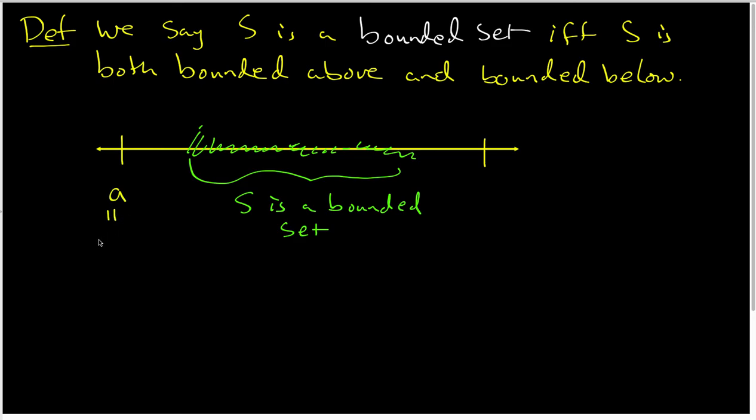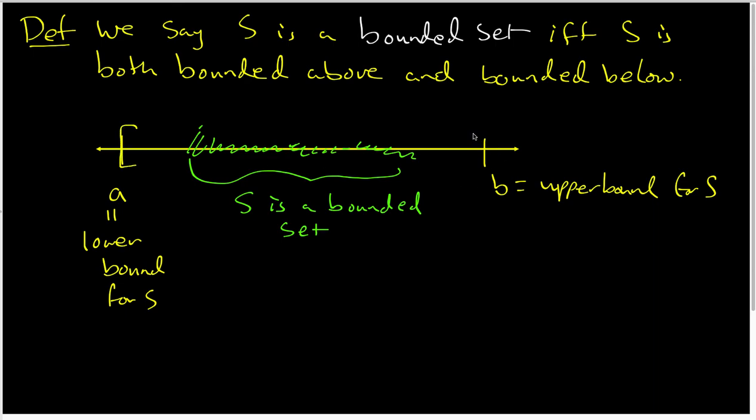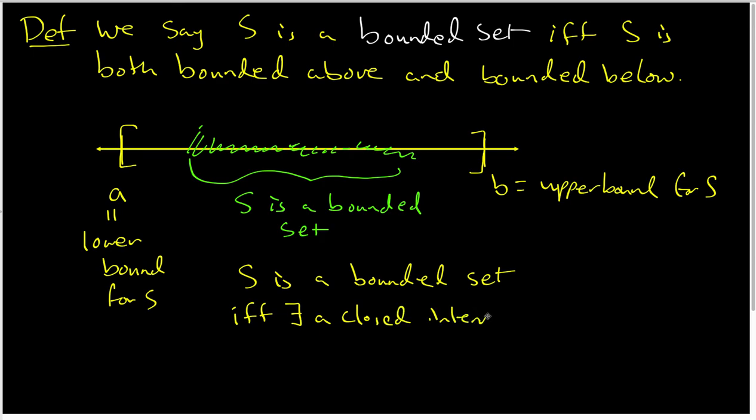I'm going to call A the lower bound for S, and we're going to make B into the upper bound for S. And now if I think about the closed interval going from A to B, then what I notice is that S is a bounded set if and only if there exists a closed interval, namely the interval running from A to B, such that S is a subset of that closed interval. And so this is another alternative way of thinking about bounded sets.